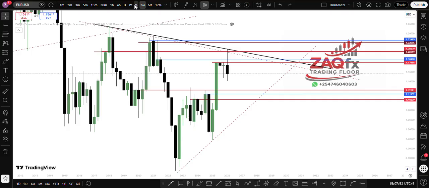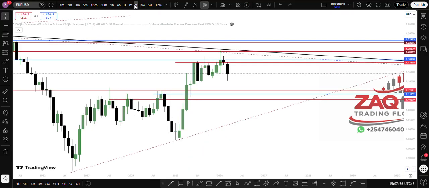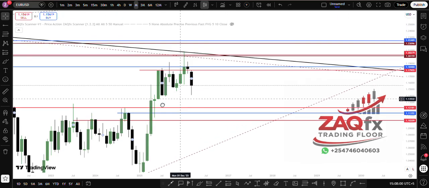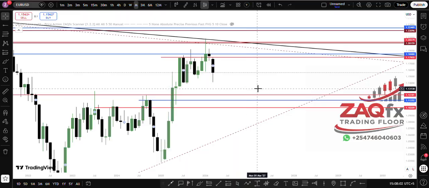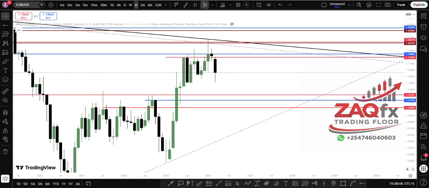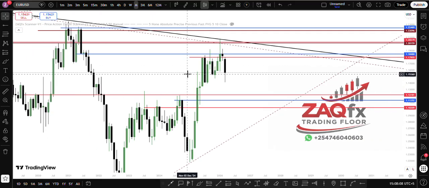So let's see what happens to the 1 month chart. Monthly chart, let's just squeeze a bit. Very good. On the monthly chart, we know why the price reversed from there.